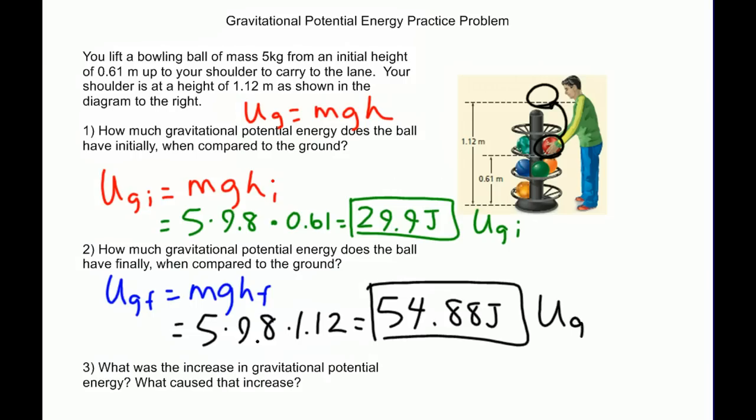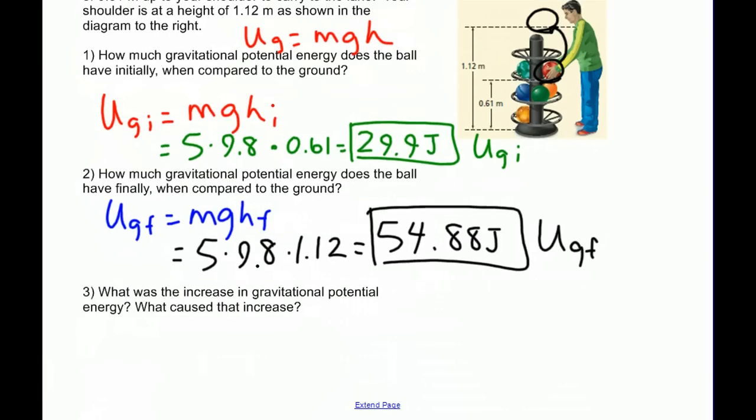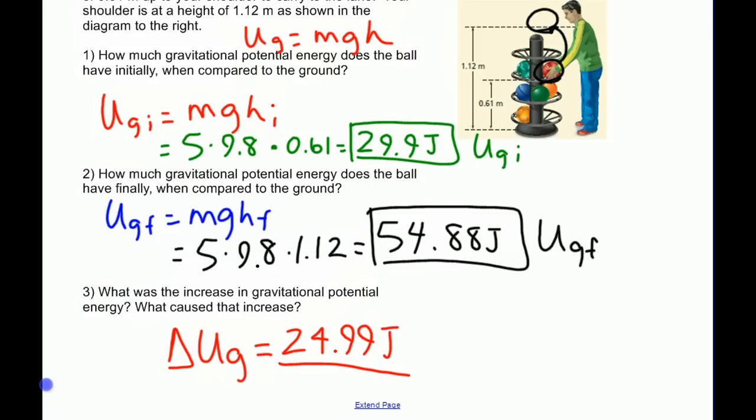And this is my UG final. So the increase in gravitational potential energy, I went from 29.9 up to 54.88. So that's an increase, delta UG equal to 24.99 joules. And where did that come from?